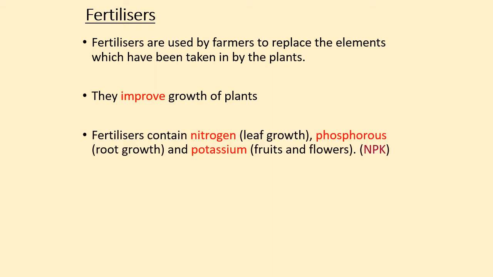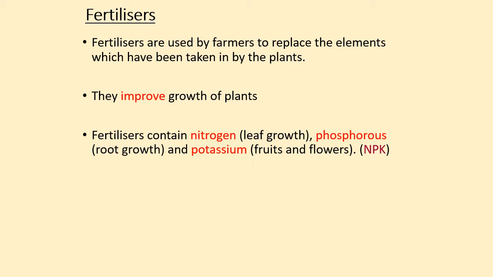Now, fertilizers contain three important elements. So these essential elements are nitrogen, phosphorus, and potassium. Nitrogen is needed for overall growth of the plant, phosphorus is needed for the roots, and potassium is needed to help the plants form fruits and flowers.